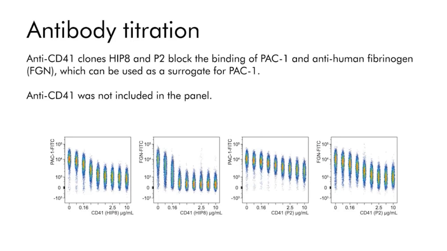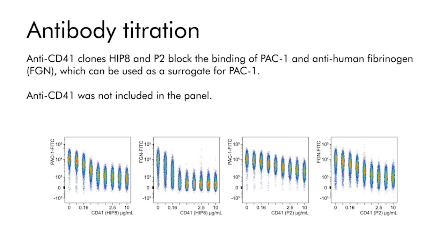So this figure shows PAC1 and anti-human fibrinogen on the vertical axes and clones HIP8 and P2 on the horizontal axes. And both clones show a concentration-dependent inhibition of PAC1 and fibrinogen binding, with HIP8 showing strong inhibition.